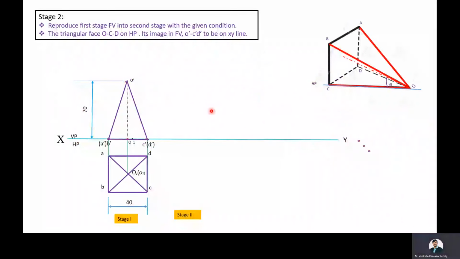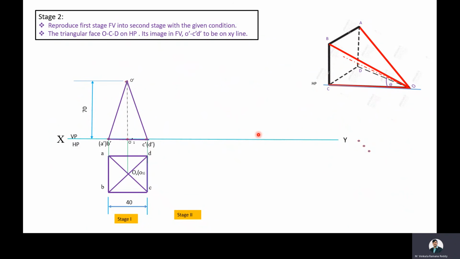In the second stage, we need to reproduce the first stage front view with the given condition. The given condition is that the square pyramid is resting on its triangular face OCD on the HP, so that its image in the front view, say O dash C dash D dash, is on the XY line. That is, this O dash C dash D dash line is to be on the XY line.